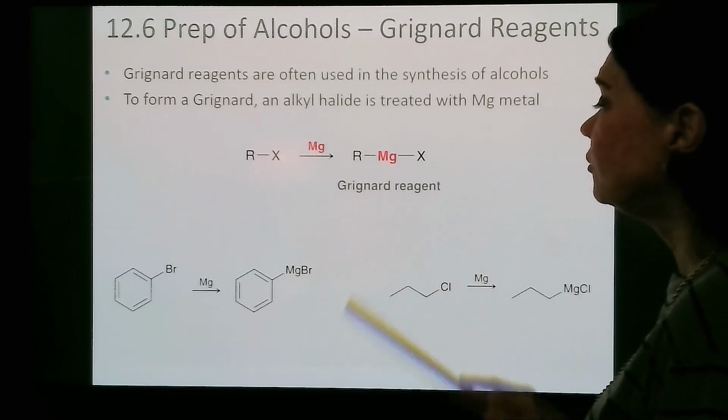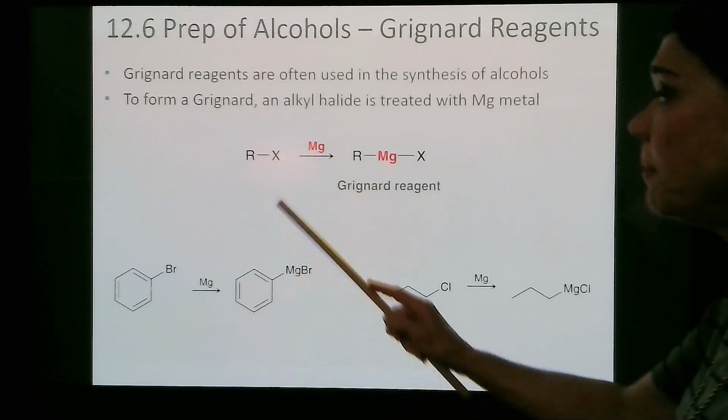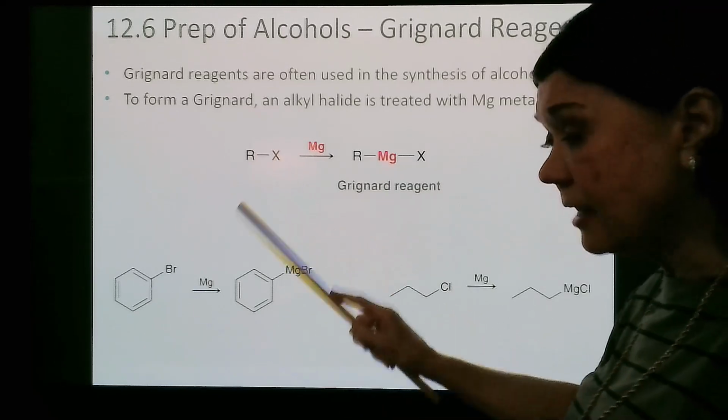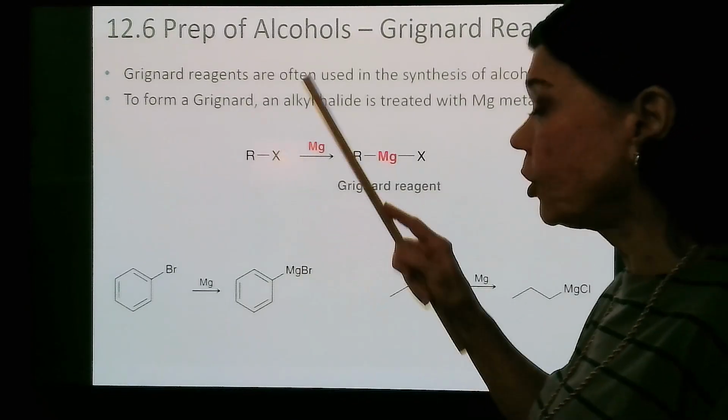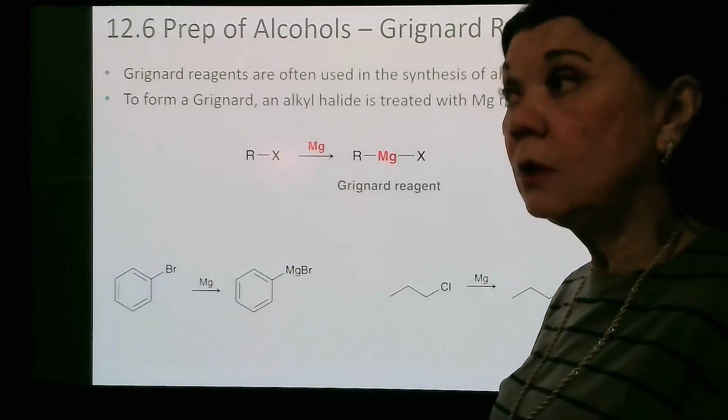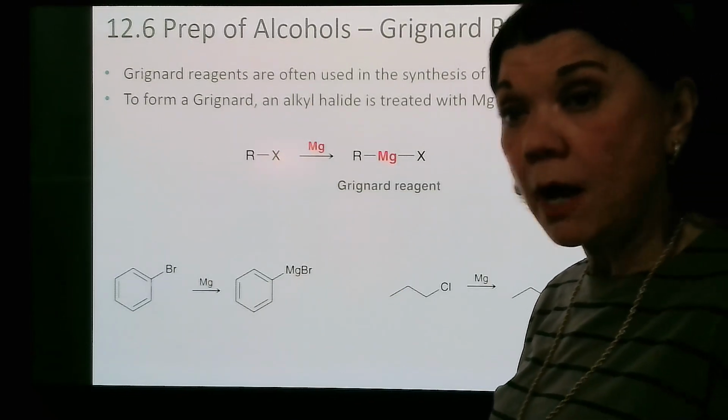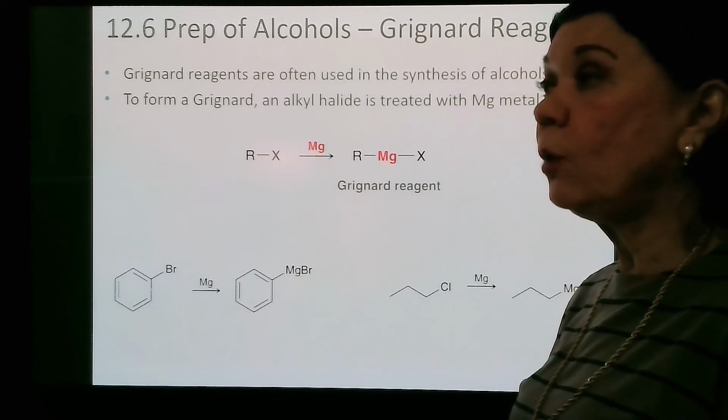Both of those bonds are to magnesium, and you would say that magnesium inserts into the carbon-halogen bond.